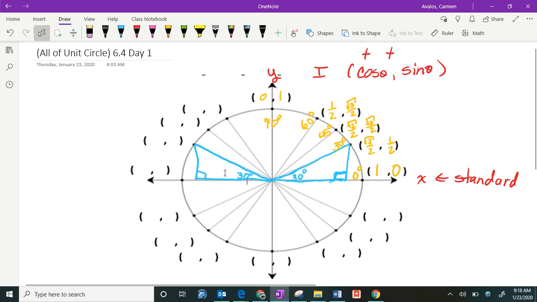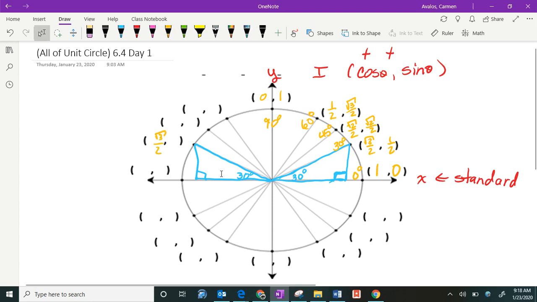So what does that mean? That means I am going to use the same information that's over here. If the cosine of 30 is the square root of 3 over 2, then the cosine of 30 over here is also the square root of 3 over 2. So I am just going to put that in there, the square root of 3 over 2.